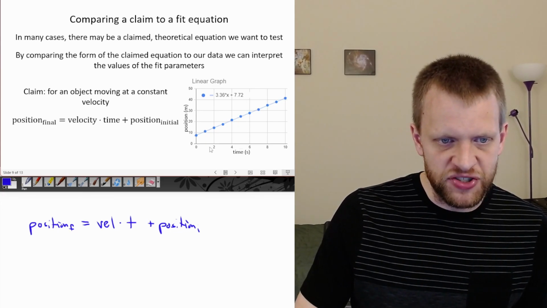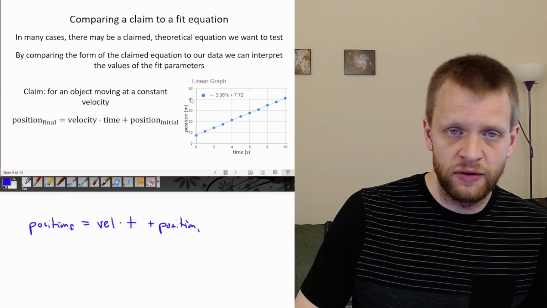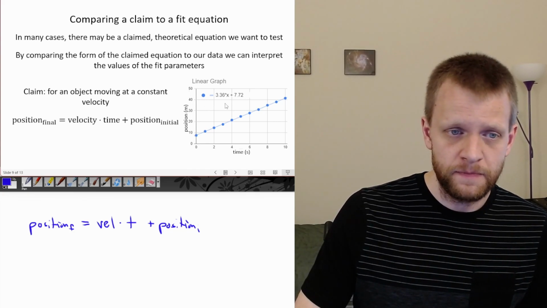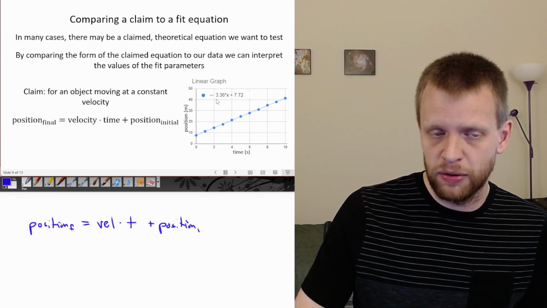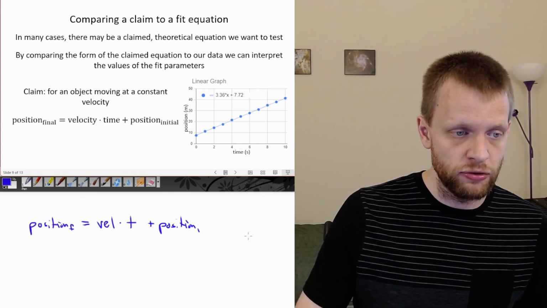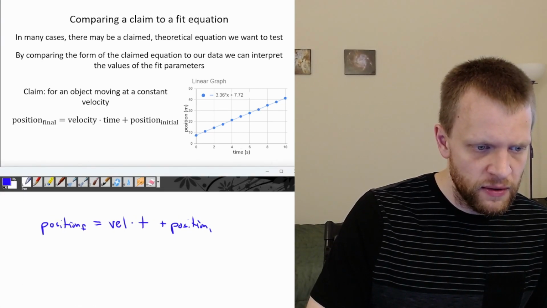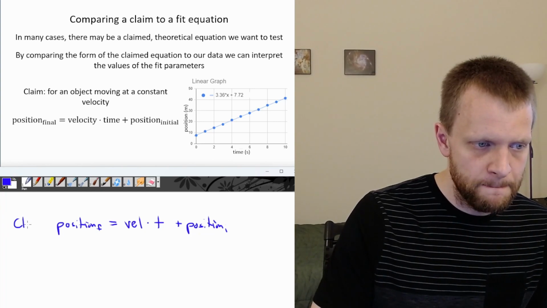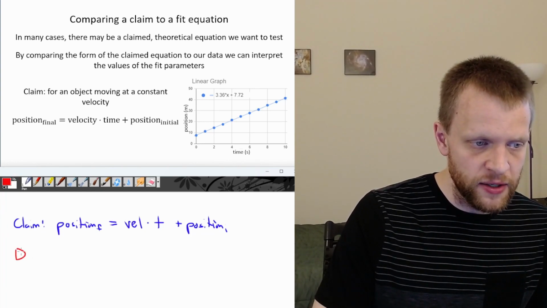And let's say I put time in seconds on the horizontal axis, and I put position on the vertical axis. I apply a best fit, and again, this is mock data, but let's say I get this particular result. So what we have here, this is our claim, and we want to compare that against our data.